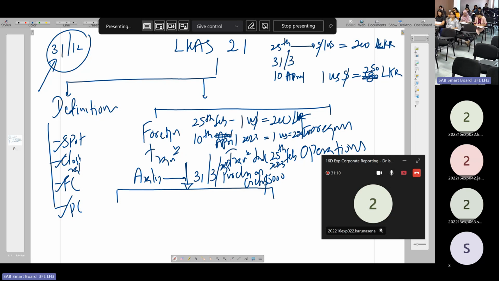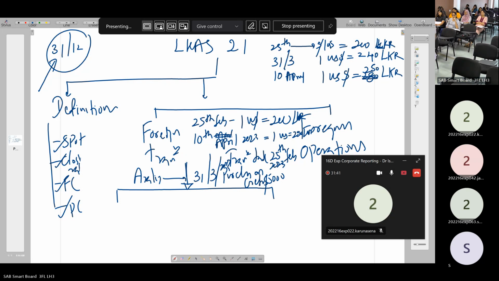I will explain why you should be given the 31st March exchange rate. $1 US equals 240 LKR, right? So in this example, I'm trying to explain settlement after the reporting date, right?